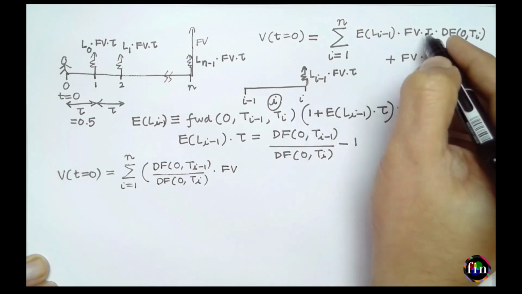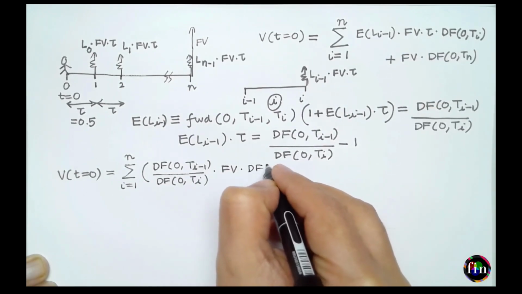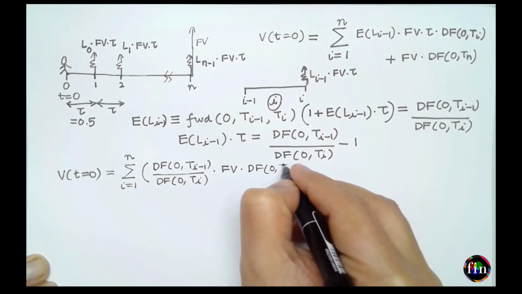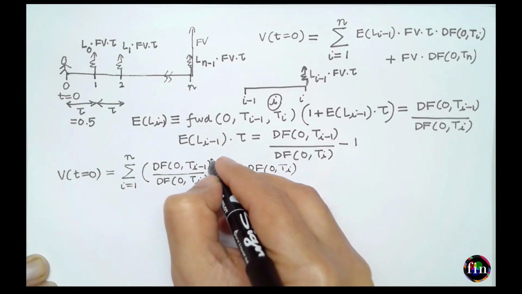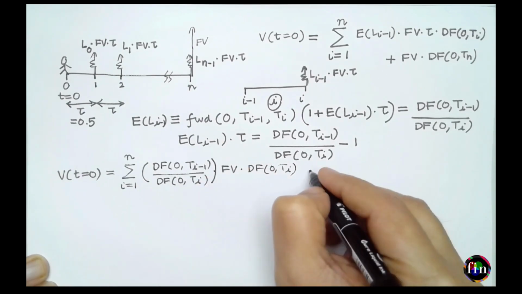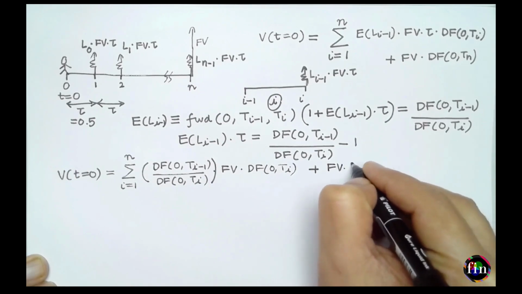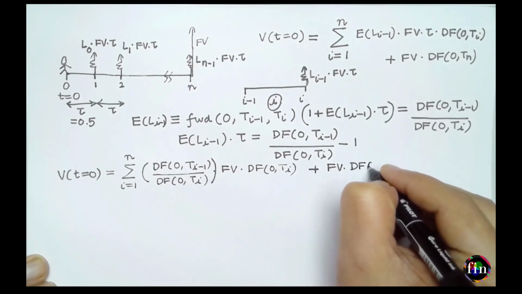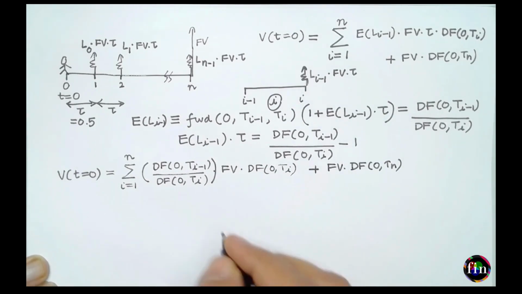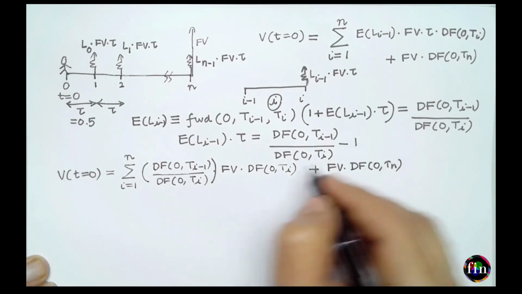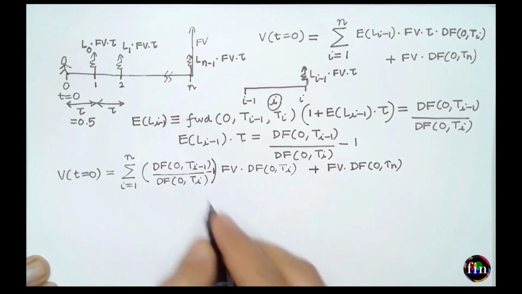So this and this go away, times the fv, times the df from 0 to ti. Now I should put a bracket here. So this plus there is this fv term sitting here, fv times df 0 to tn. Now actually there's a minus 1 here as well. So this will be minus 1.